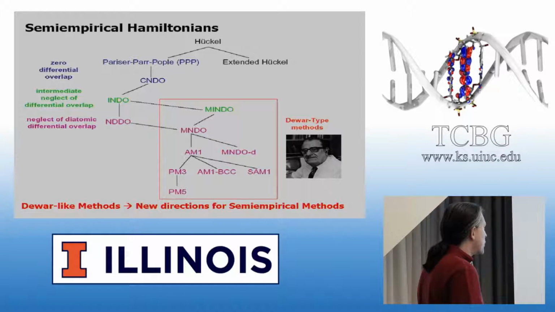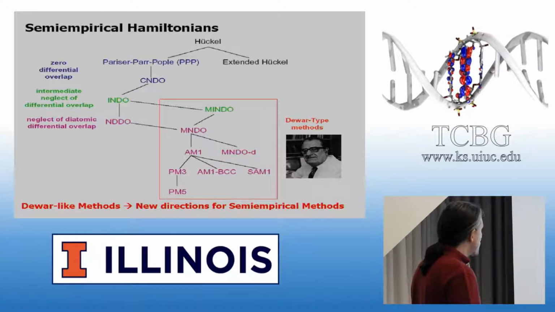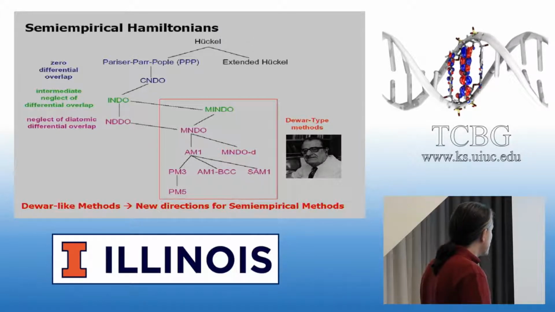Well, this is a tree that counts the history of semi-empirical theory over time. We start here with Hückel theory in 1930, and you have these types of improvements in this theory, and you have a branch of semi-empirical theory with CNDO, INDO, and NDDO.